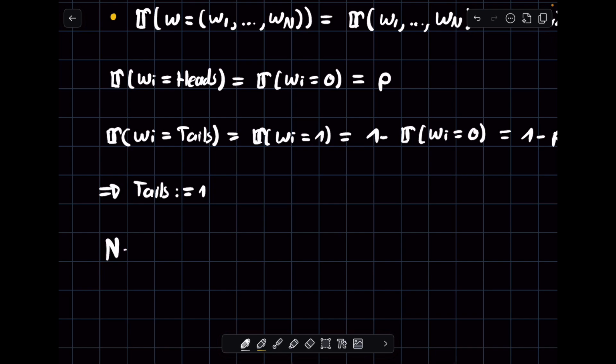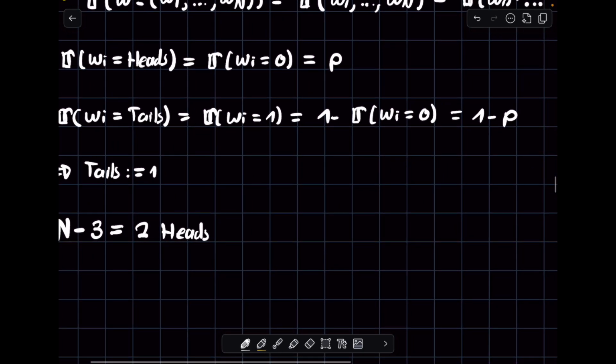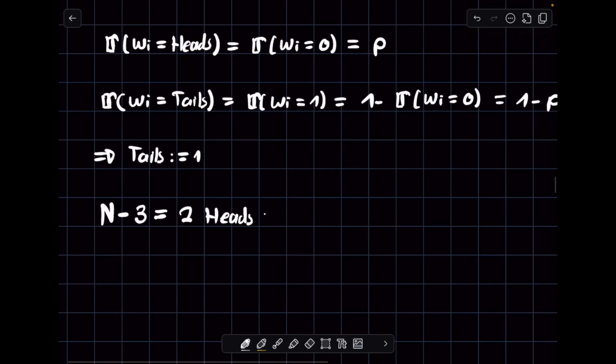So, N, imagine we have 5 throws and we got 3 tails. Then we're going to get 2 heads, right? So in order to denote this, it's going to be the number of heads.